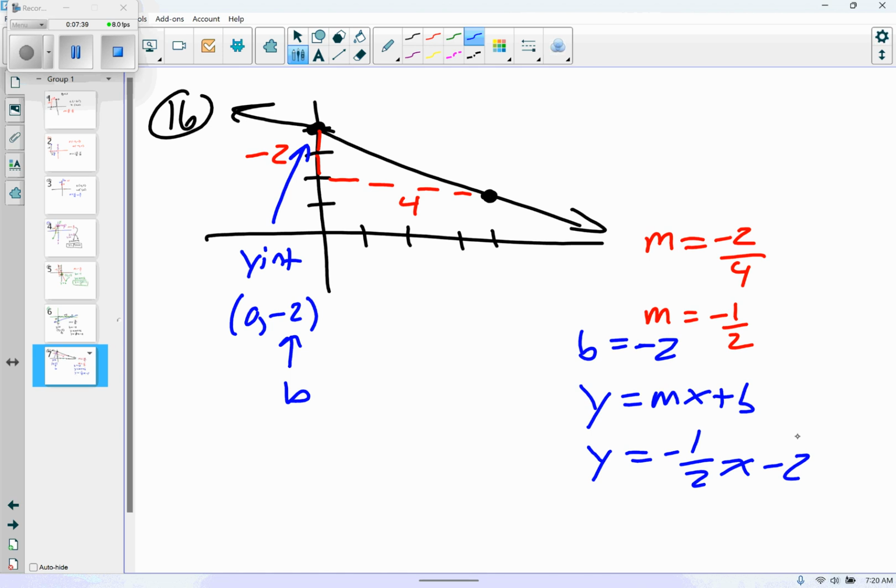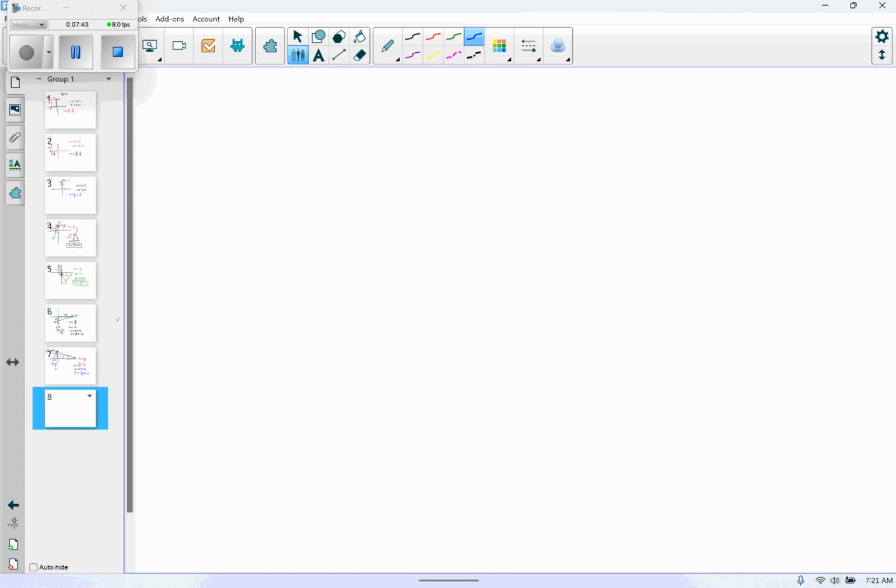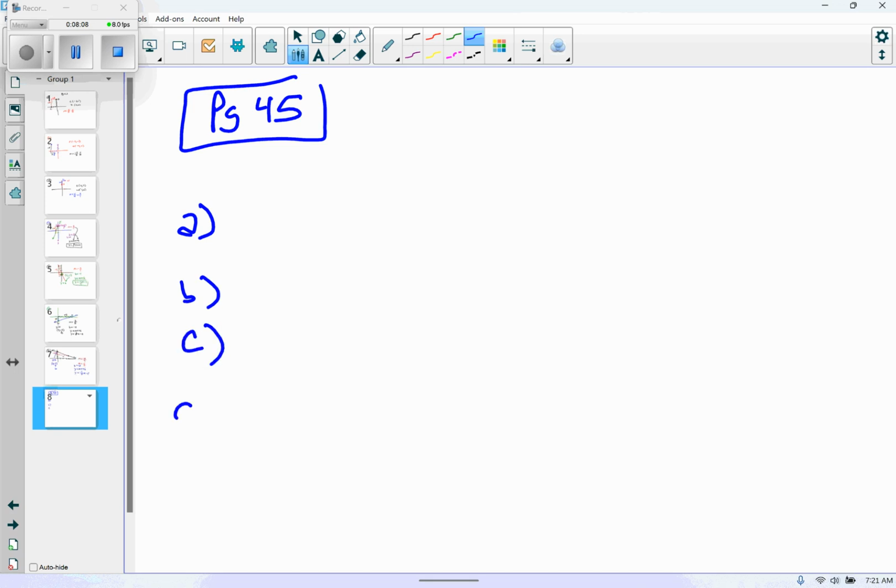A few key ideas. Would you turn in your yellow book to page 45? Page 45, it says, Jumpstart, it says, the super discount store is having a sale on all clearance items that are 40% off. Which of the following are correct ways to find the price of an item that is $25? Okay, so think about this. There's 4 choices.